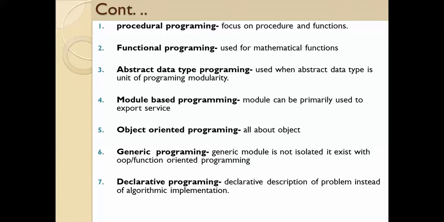Generic programming is not isolated; it exists with object oriented or functional programming. Now declarative is nothing but a declarative description of the problem instead of the algorithm implementation. It does not show how to implement the particular concept; it declares the result of the particular statement.